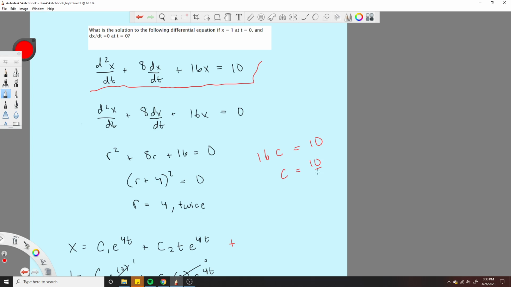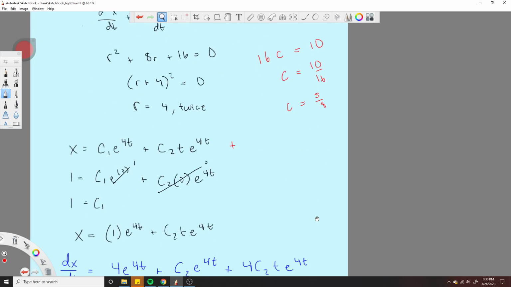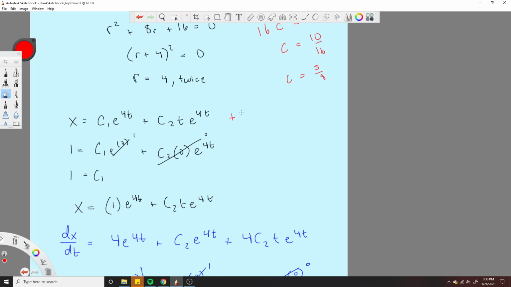C equals 10 over 16, what is that, 5 over 4? Wait, no. Divided by 2, 5 over 8, 5/8. So now we have this value here, which is 5/8. I know it's a little weird to do it like that, but that's really the only way to go about getting your constant in there.